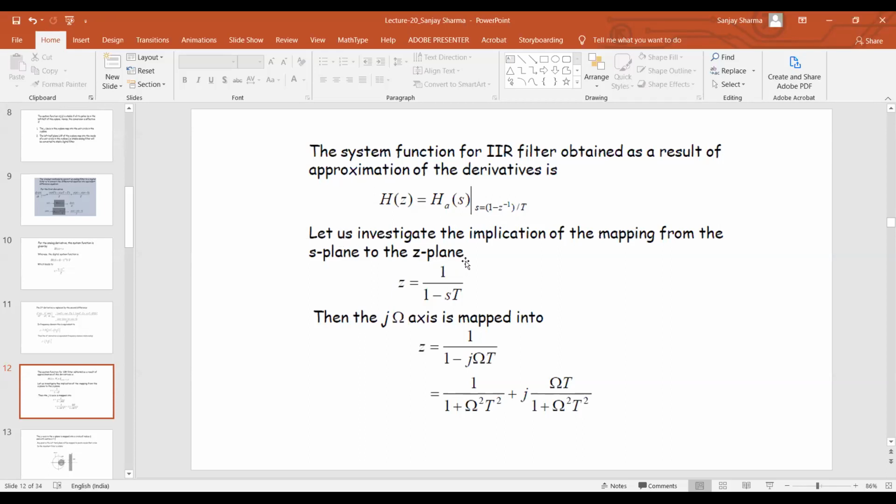Now let us investigate the implication of the mapping from the s plane to the z plane.